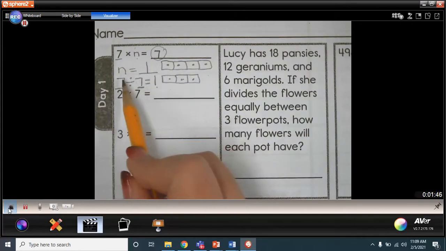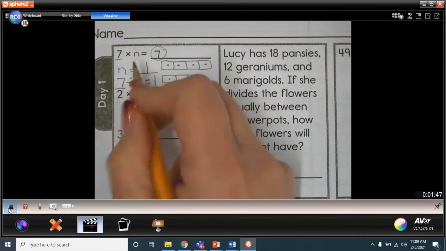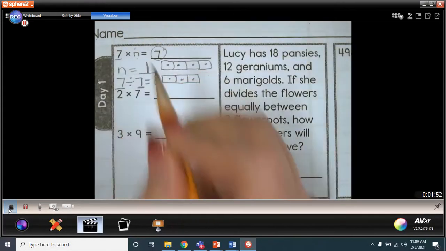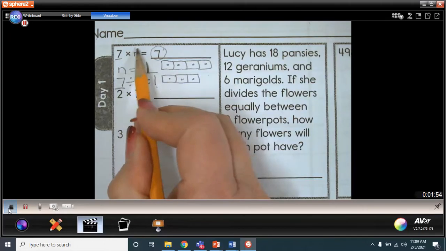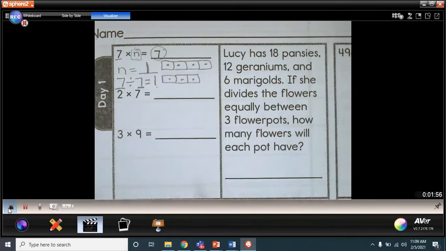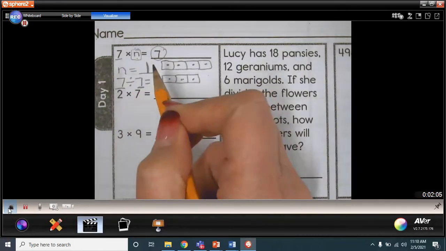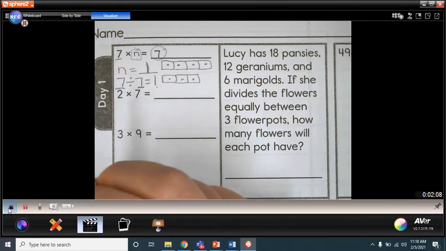So either way you think about it, this n is representing the number 1. And remember, we call this a variable. That was one of your clue words that I asked you to put into your discussion a while back. So this variable is a letter that stands for a number.